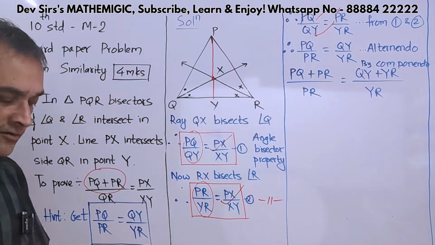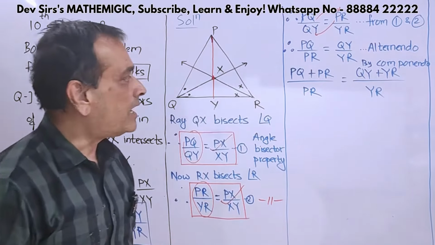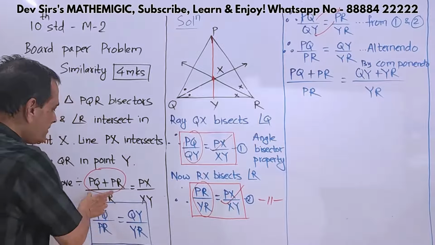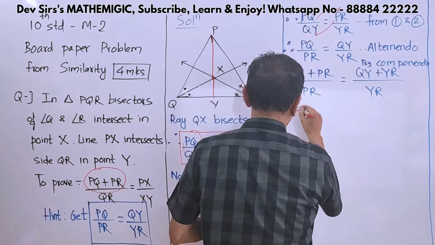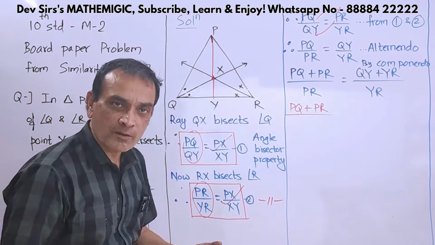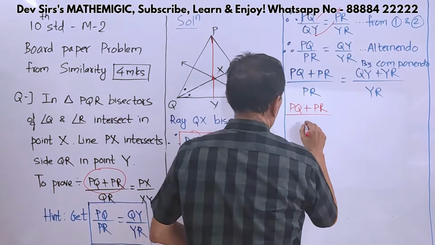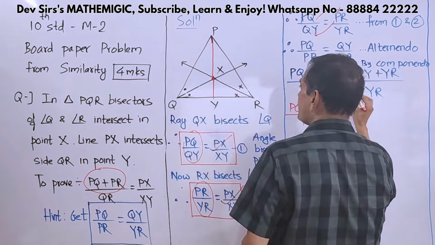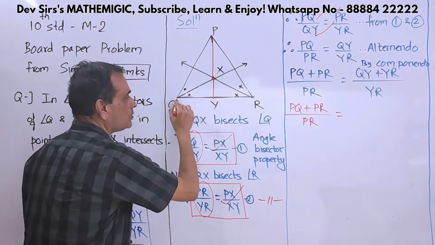Followed? Okay, fine. So you have followed the reason why we use alternando first, right? Now after using componendo, what do we do? See, on the left hand side, I want PQ plus PR, so I won't do anything for that. We can't use segment addition on PQ plus PR. But QY plus YR, look, QY plus YR is QR.